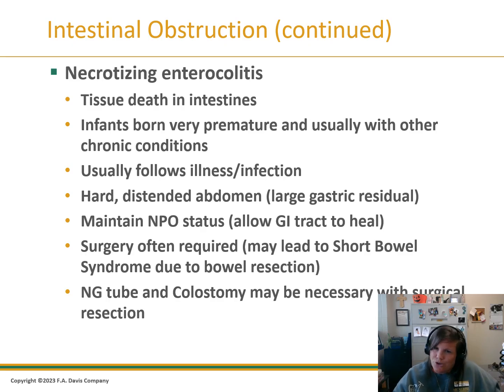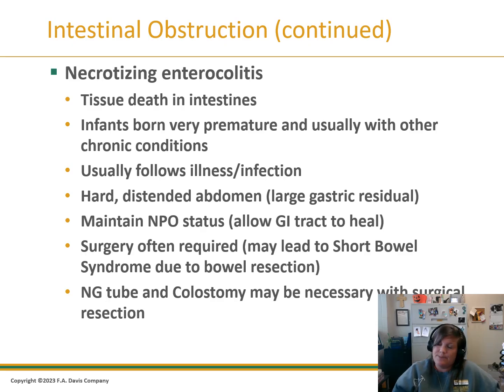You're probably thinking, 2 mils, that's nothing. But it's not nothing when all they can actually allow is 30 mils to begin with. Then it's definitely significant. So these babies would be NPO, nothing by mouth, and that is to give time for the GI tract to heal.